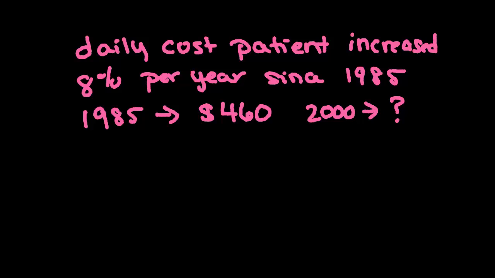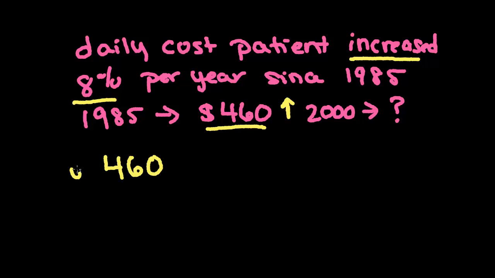Well, so again, we see that we have an initial value, 460, and the value is increasing, so it's exponential growth. So we're going to use the initial value, y equals the initial value, 1 plus that rate of 0.08, and again, we're going to raise it to the x, the number of years.